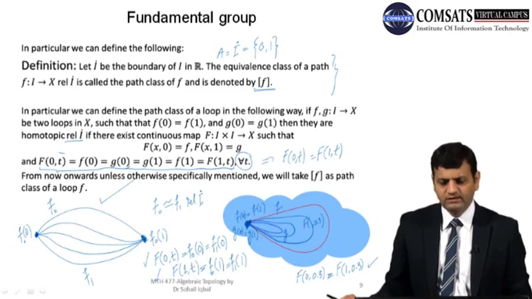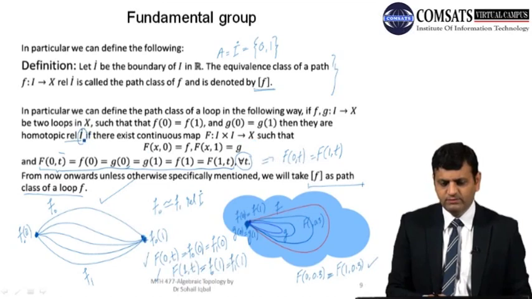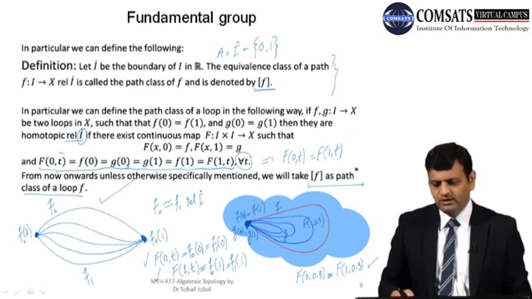So from now onwards, unless otherwise specifically mentioned, we will take [f] as the path class of the loop f. So what is this path class? This path class is basically the set of all loops which are homotopic to f, and of course when I say homotopic, it means this relative homotopy, where this set A is equal to I dot, which is the boundary of I. So in particular, in this case, A is equal to I dot is equal to {0, 1}.